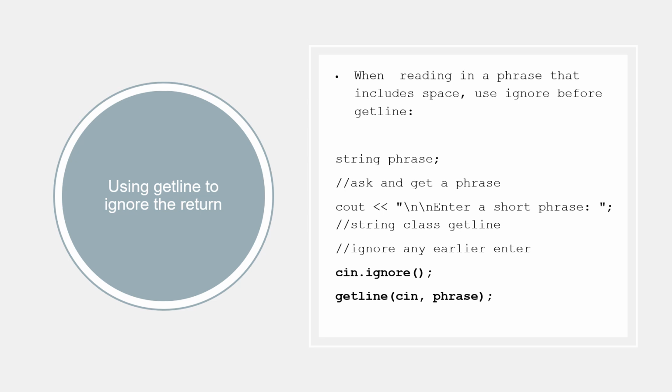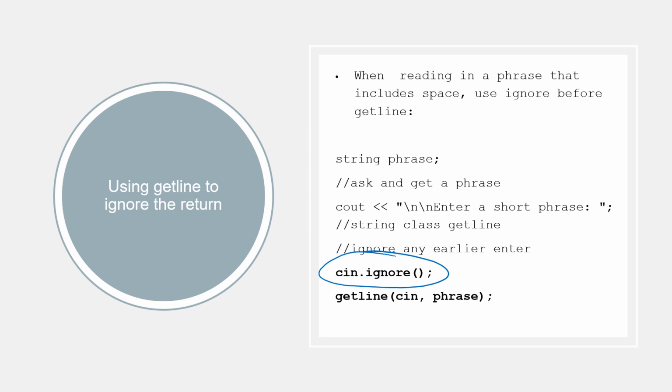All right, so let's talk a little bit about getting a phrase. In this, you're going to be getting a phrase. Because phrases contain white space and an enter is a white space, you want to make sure that you ignore any previous returns that could have been stored in the buffer.